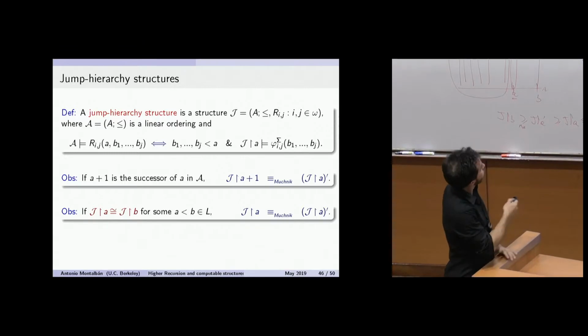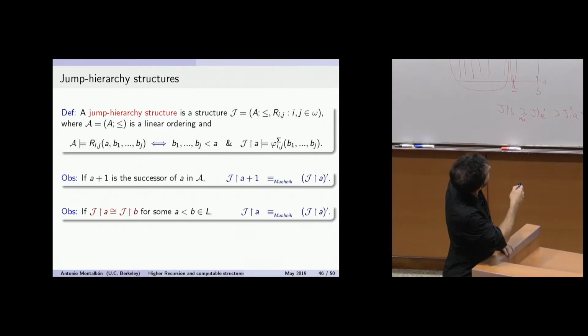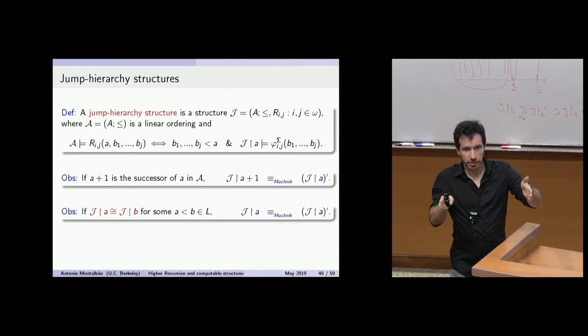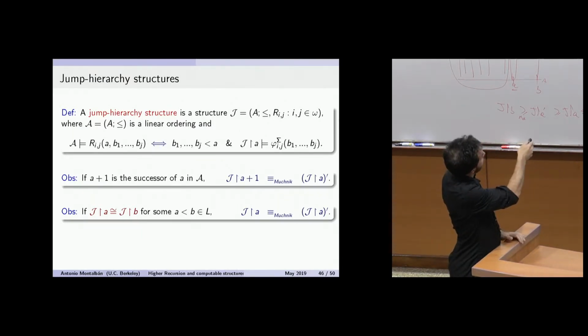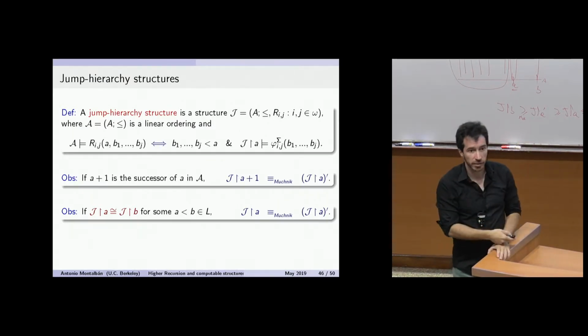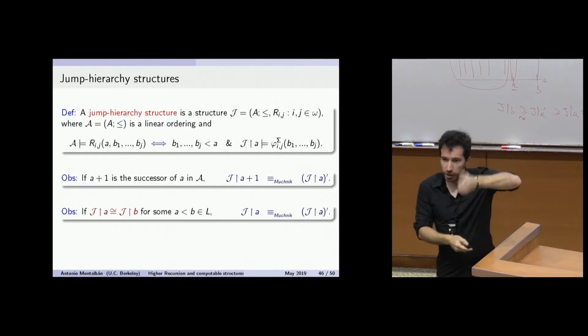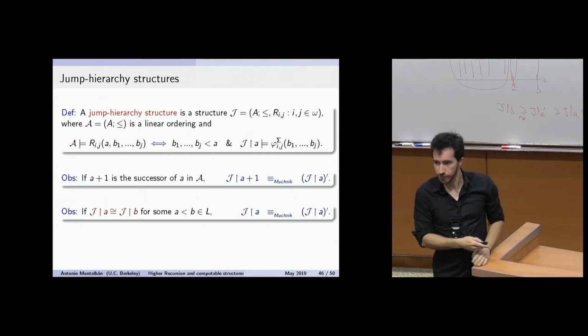Okay, but for that we need to find a jump hierarchy that has two elements such that the jump hierarchy up to here is isomorphic to the jump hierarchy up to there, including all the relations, not just the linear ordering.